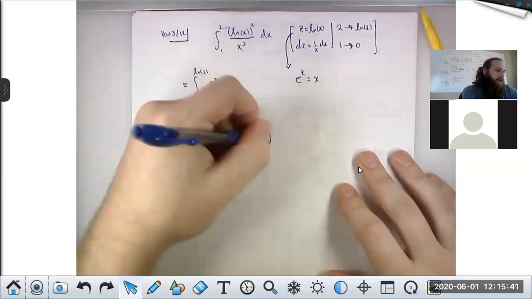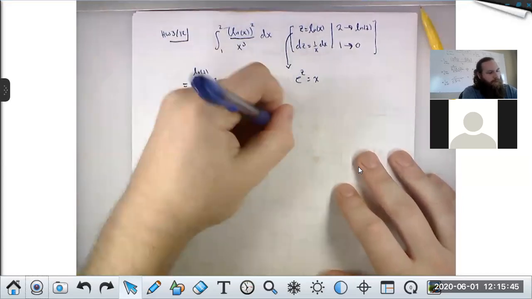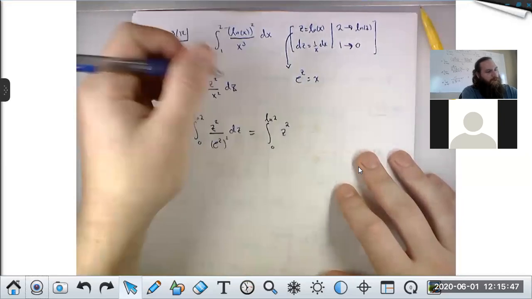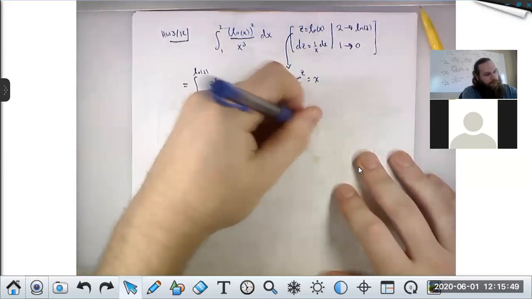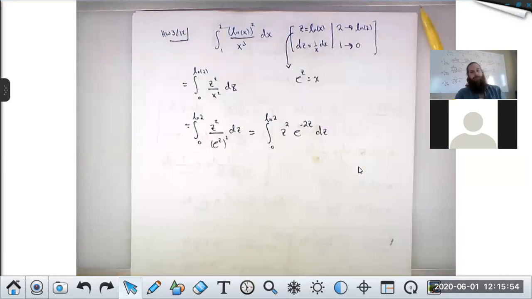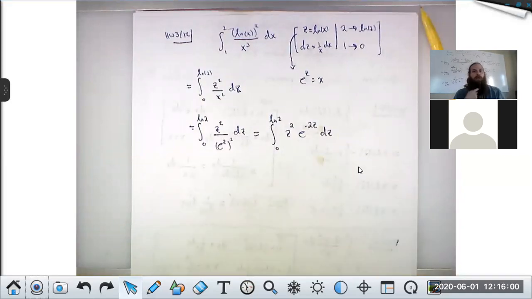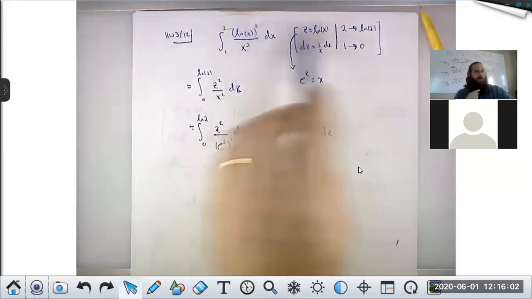And then I can do a little bit of algebra to see that is the same as z squared times e to the negative 2z dz. So you really do have a polynomial times an exponential function here. It's just hiding underneath this substitution.